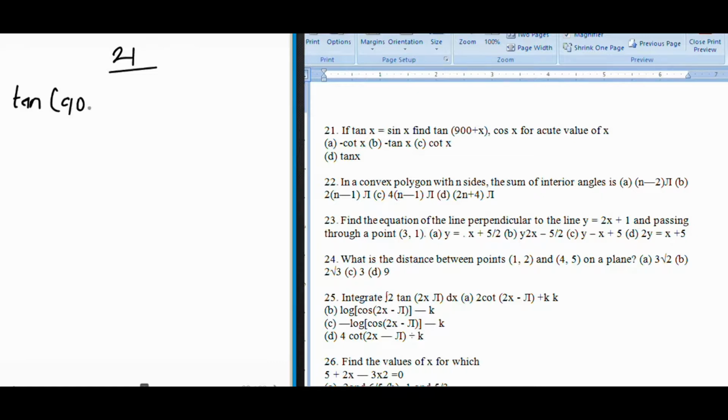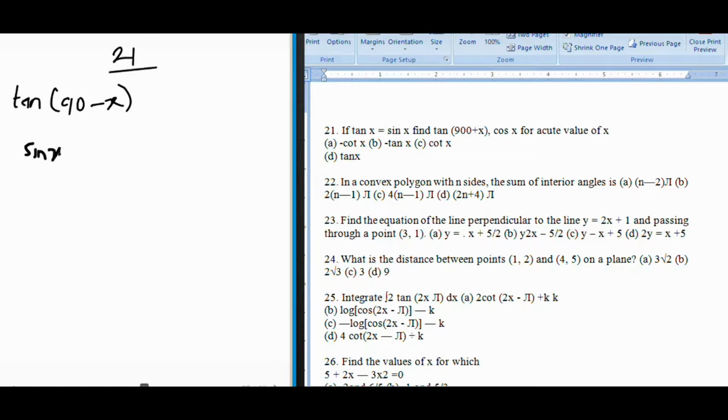This question is from an acute angle triangle, which is an angle less than 90 degrees. So if we use the trigonometric ratios, you remember that sine x is equal to cos (90 minus x). Cos x is equal to sine (90 minus x).